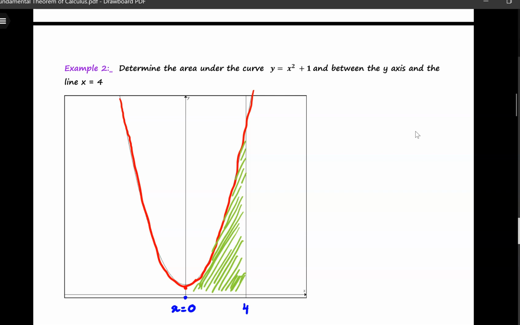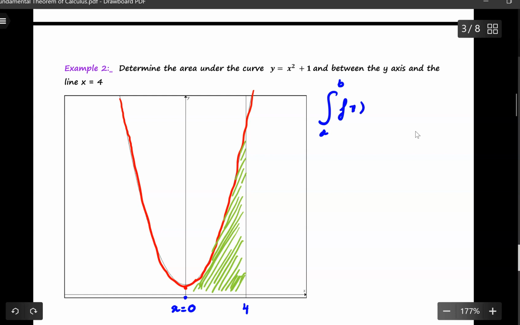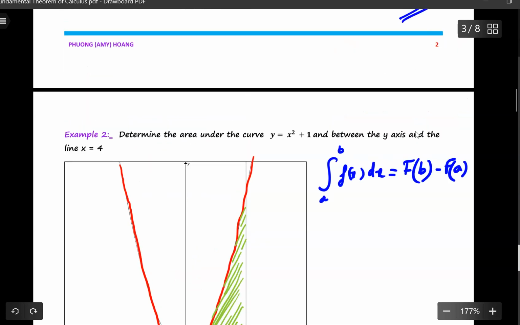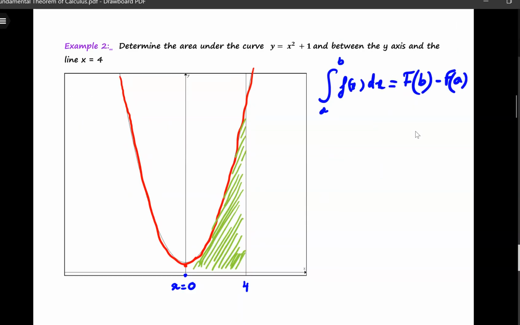So I'm going to write down the formula as the integral from a to b. Next example, I will not repeat this. F of a. So to calculate this area, I will need to write it like this.